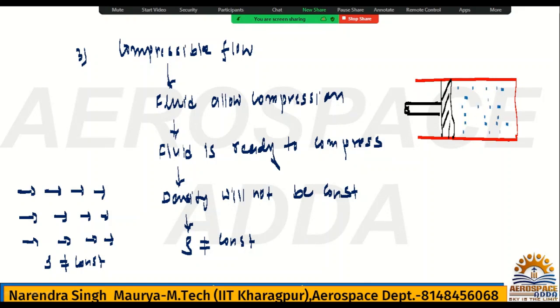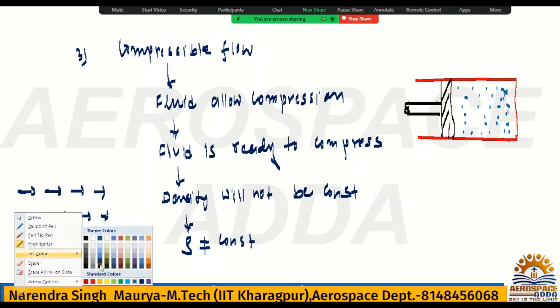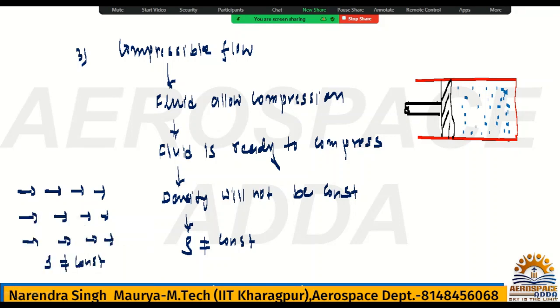Any compressible fluid means it is ready to compress, so it will allow the compression. If it allows the compression, the piston will move in the forward direction. Now this is the piston location. Yes or no?